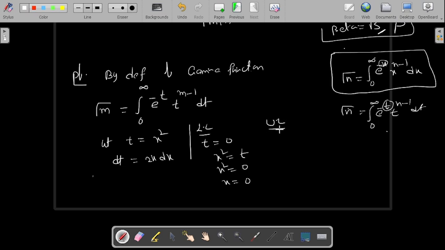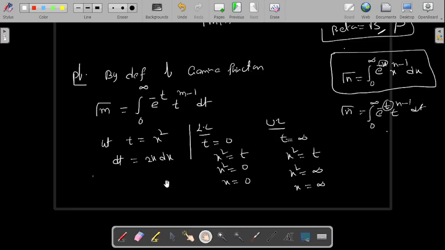Upper limit: t equal to infinity, so x square equals infinity, x equals root infinity, which is also infinity.